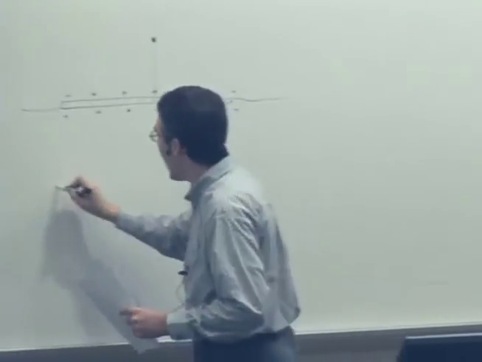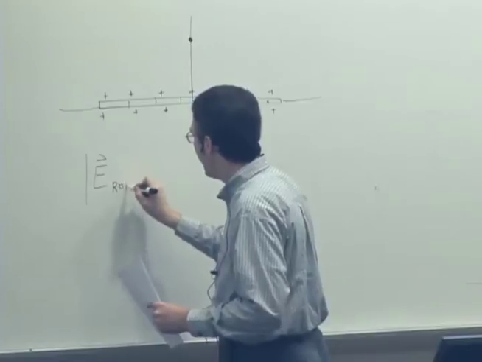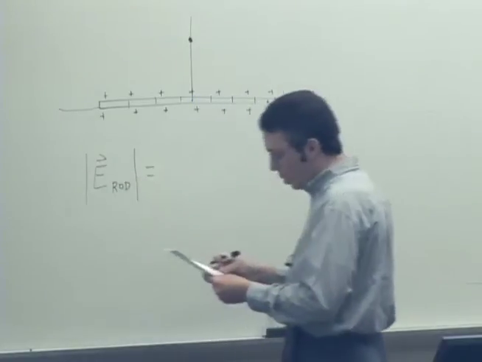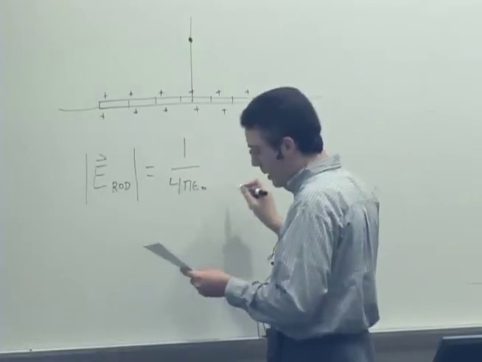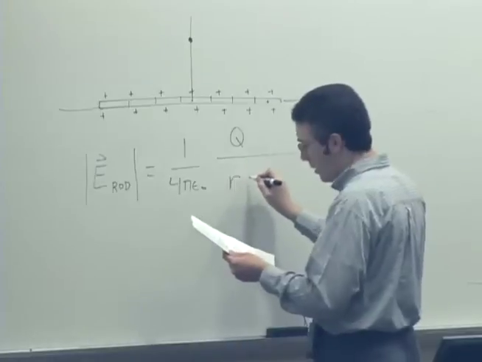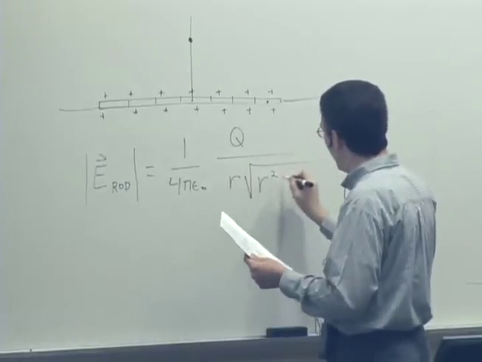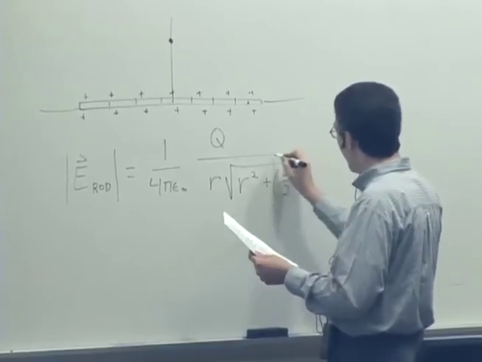And we found that the magnitude of the electric field of a uniformly charged rod was equal to 1 over 4 pi epsilon 0 times Q over R times the square root of R squared plus L over 2 squared.